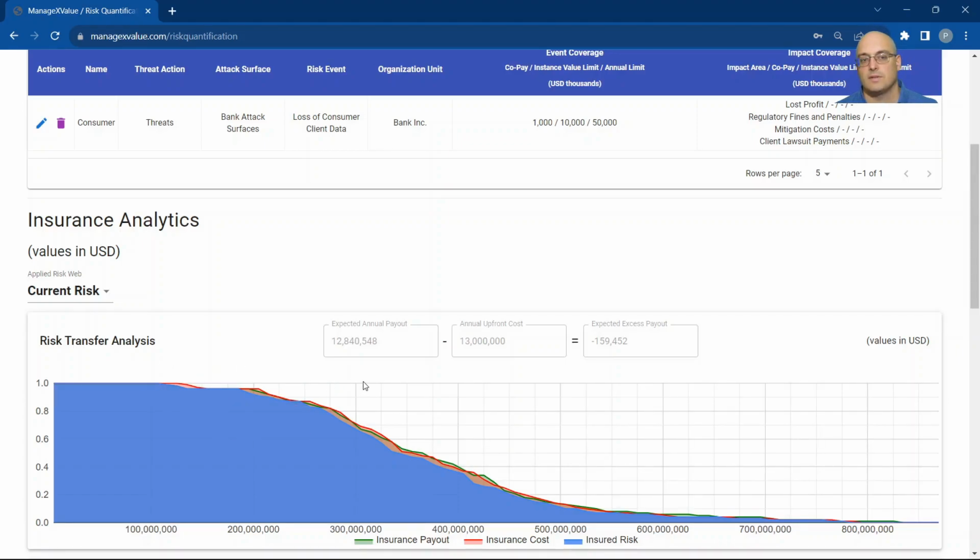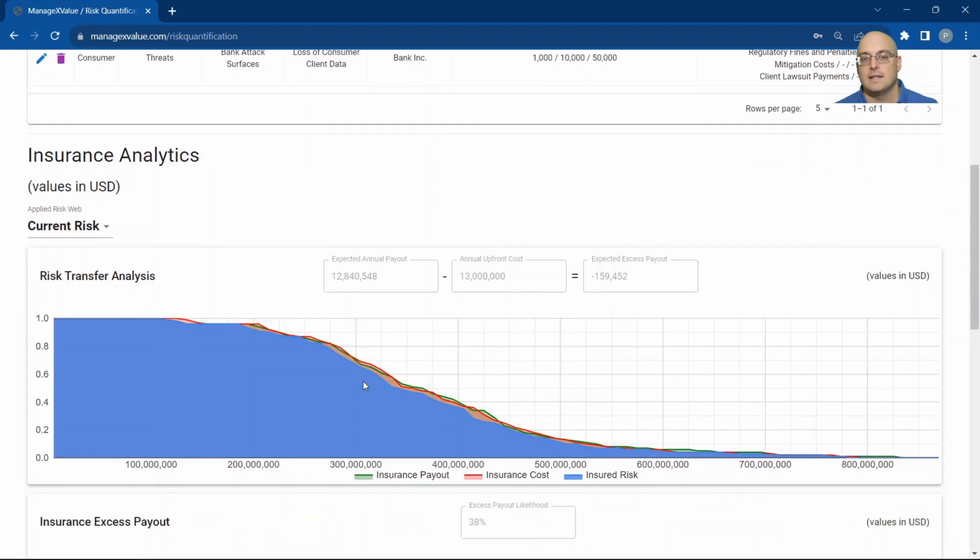What the risk transfer analysis highlights is that there is a certain expected payout for this specific coverage, which is represented by the green area within the chart. This basically means that considering the loss exceedance curve of this risk event, to what extent the insurance policy, considering the coverage limits, is going to pay out some of the impact from this risk event.